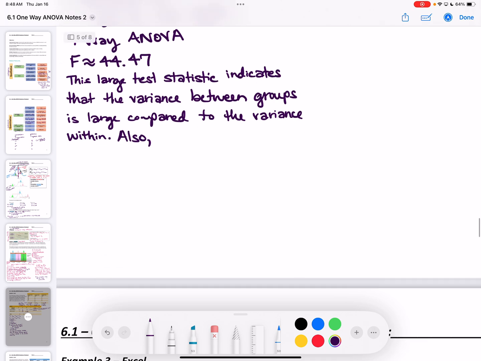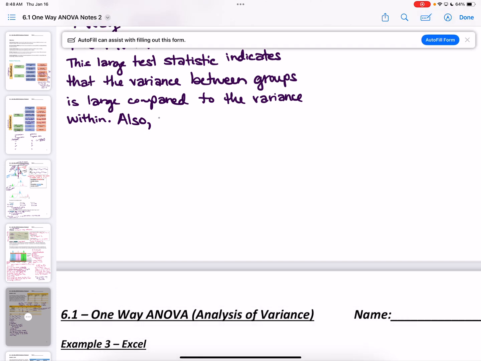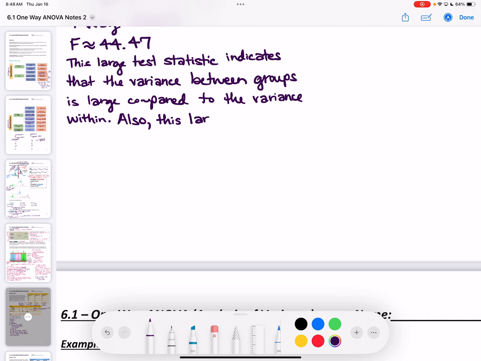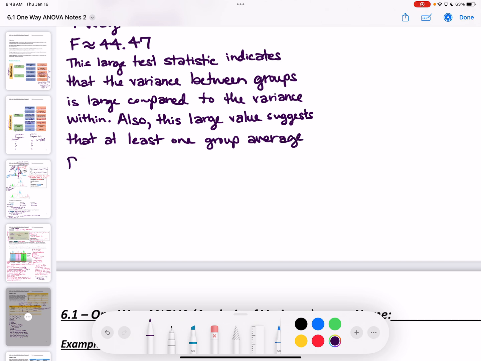Also, this large value suggests that at least one group average production rate is significantly different. Okay?